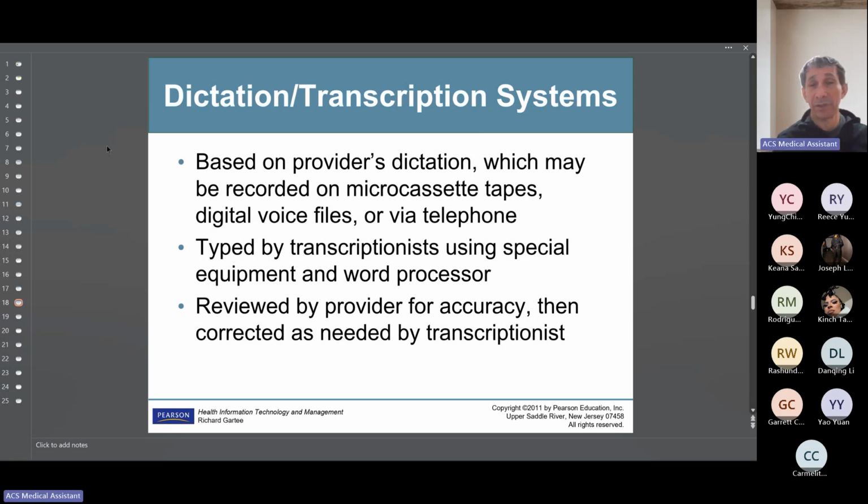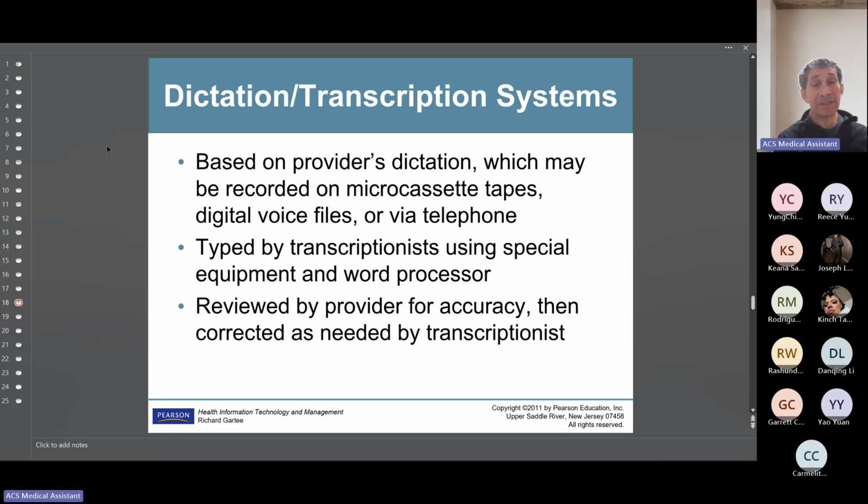There was a time when they needed lots of transcriptionists. Still, they do use some transcriptionists. But being a transcriptionist is a little difficult. Just trying to understand all this medical jargon is very difficult, so you really have to be good at it.